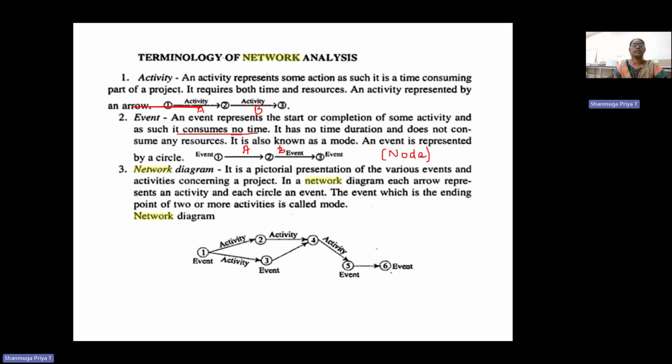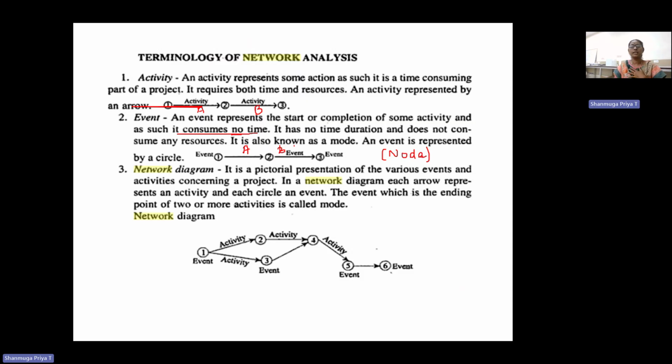Coming to the network diagram, a pictorial representation of these activities and nodes is known as the network diagram. So n number of activities with nodes represented in a diagrammatic way is known as a network diagram.